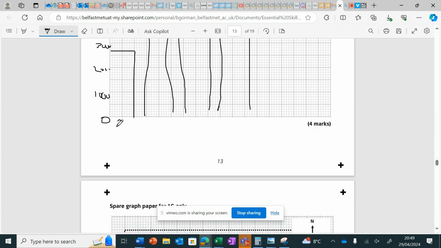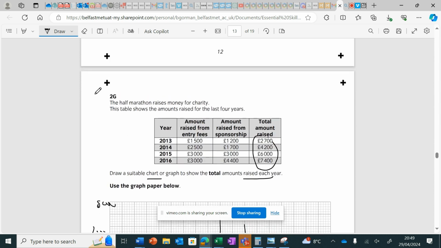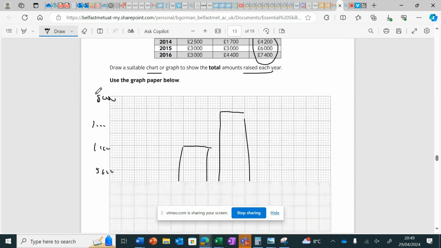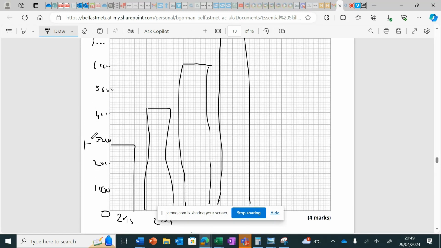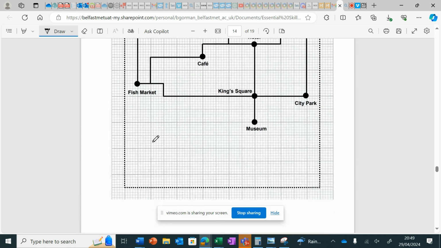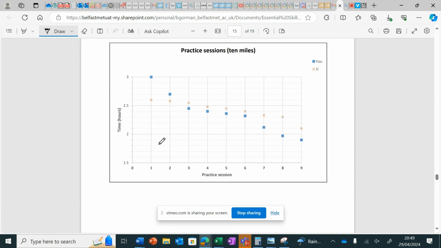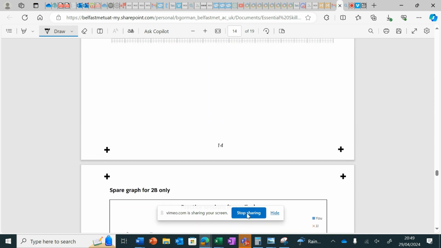So with years here, 2013, 2014, etc. Write the word years, make sure to label it. Up the side we have money, total raised, or something like that up the side. That's your bar chart. Listen, thanks for watching this video on sample paper 3, level 2.